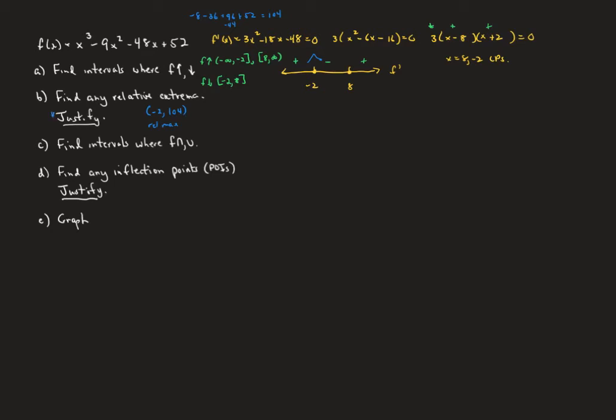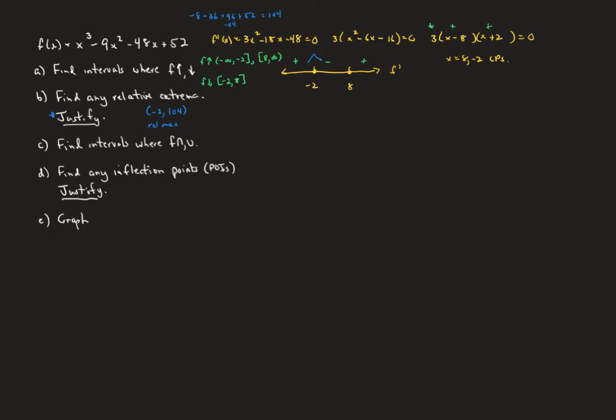Now the justification part goes something like this. To justify that a point is a relative maximum in the eyes of AP, you have to say that the derivative changed from positive to negative there. You cannot say the function changed from increasing to decreasing.